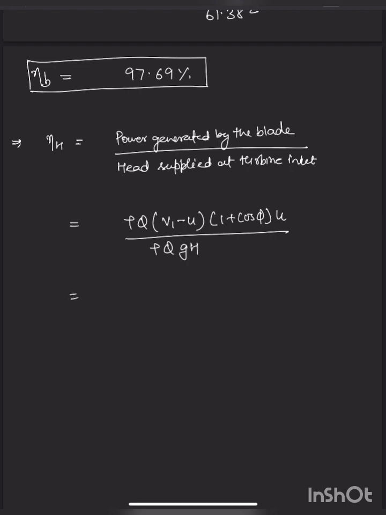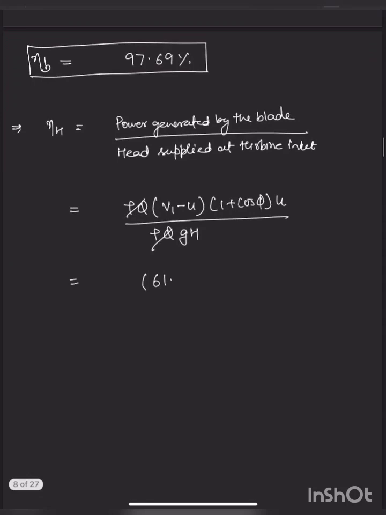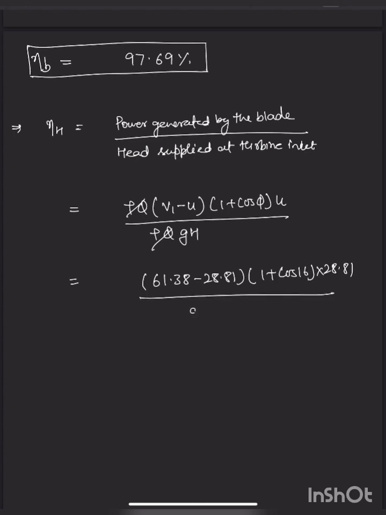So let us calculate: rho Q V1 minus U into 1 plus cos phi into U divided by rho Q G H. So rho Q cancels.